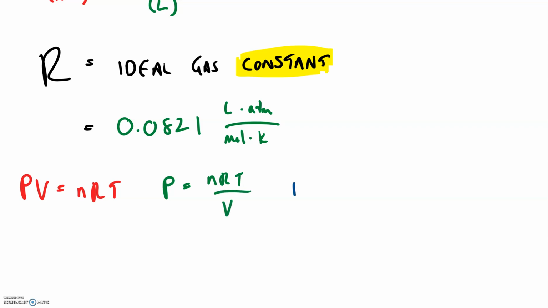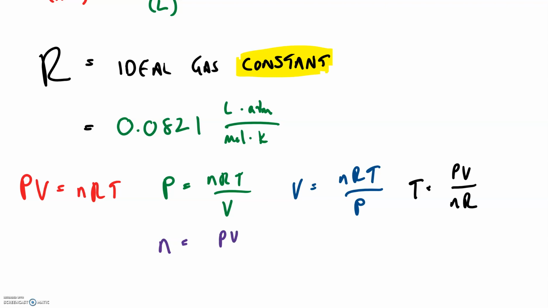If you're trying to find V, you would divide both sides by P. If you're trying to find T, you would divide both sides by NR. And if you were trying to find N, you would divide both sides by RT, and that would look like this.